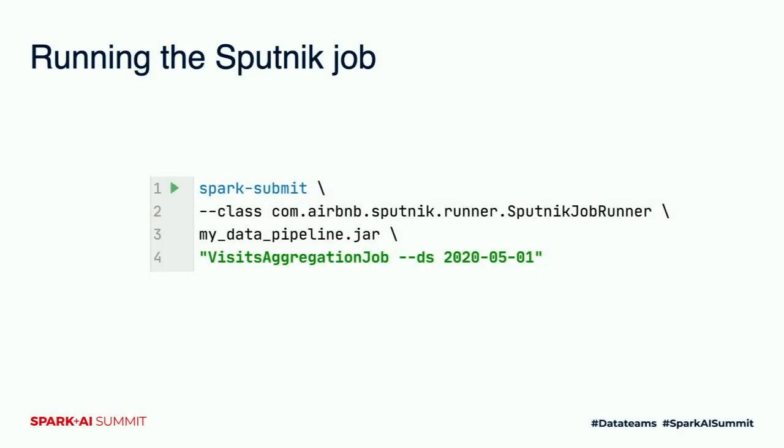You run your job the same way you would run any other Spark application. Sputnik has a Sputnik job runner, and you pass as parameters the class of your job, as well as parameters for that particular run.